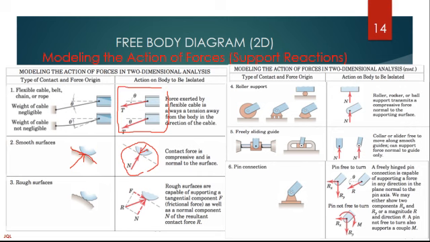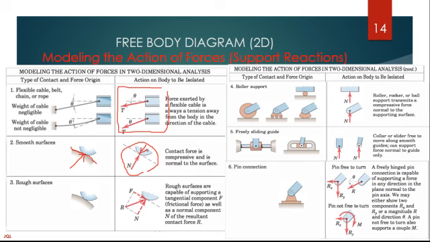Then when a surface is rough, that body cannot translate in the X or Y direction. So this simply means on your reaction, when you are doing your free body diagram, you need your X and Y. As I mentioned, a roller support is always one vertical force.